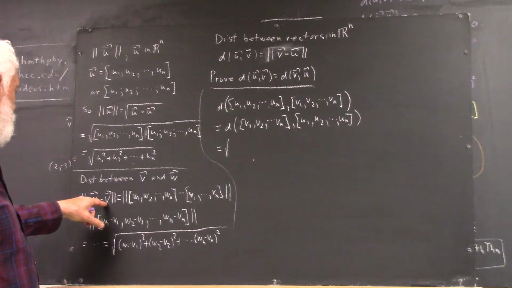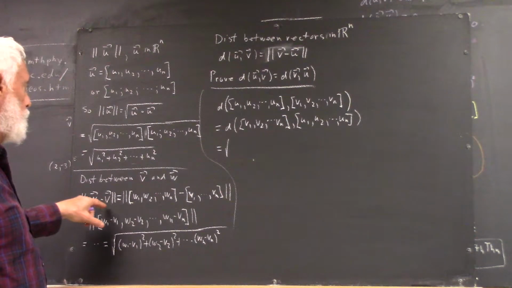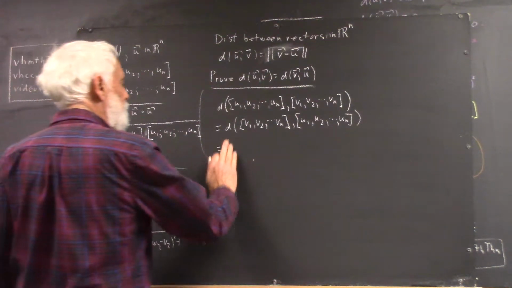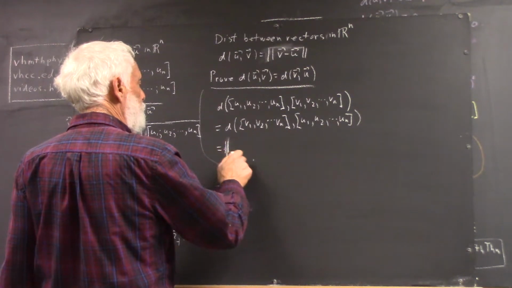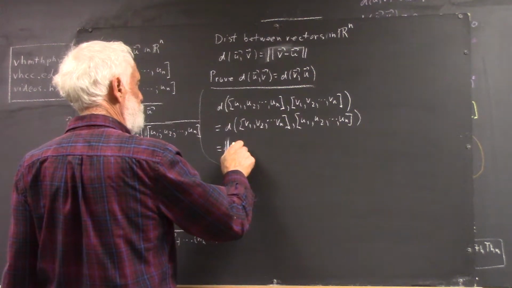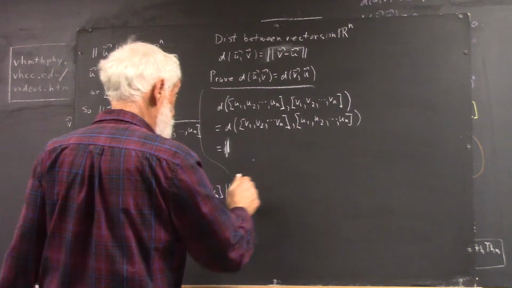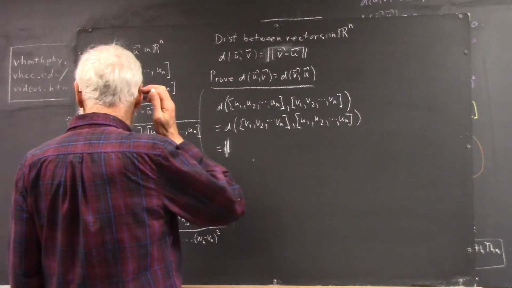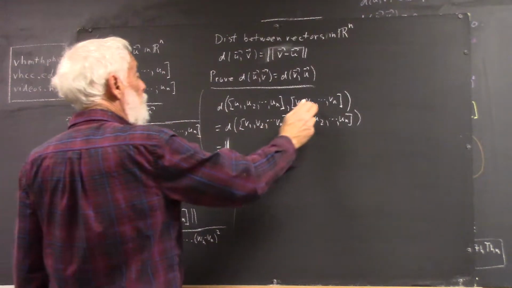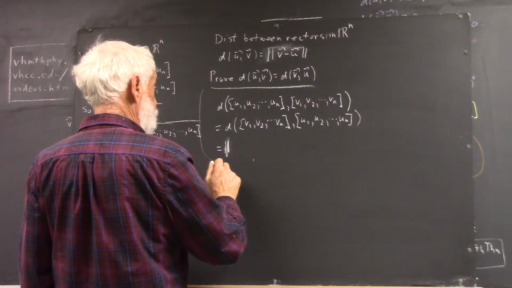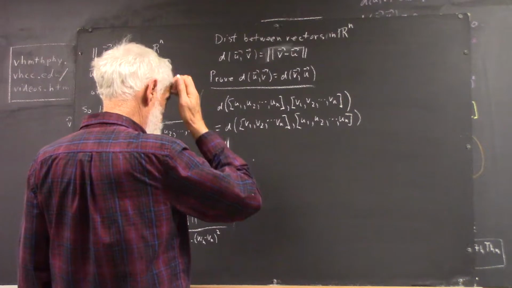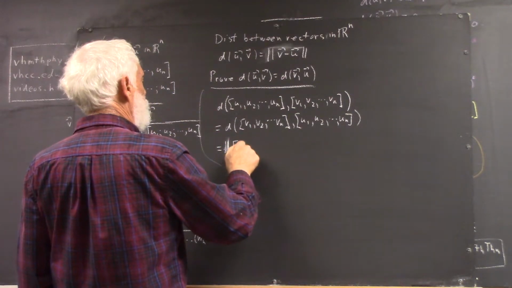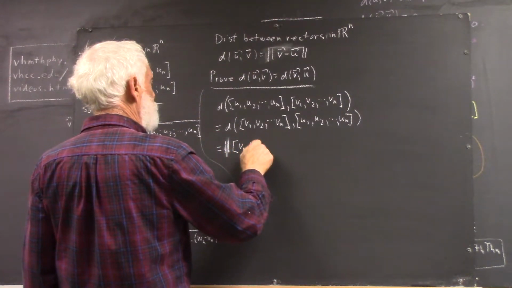It's the magnitude of W minus V. So that's going to be the magnitude of, in this case it's U and V. The first statement is going to be the magnitude of V minus U.